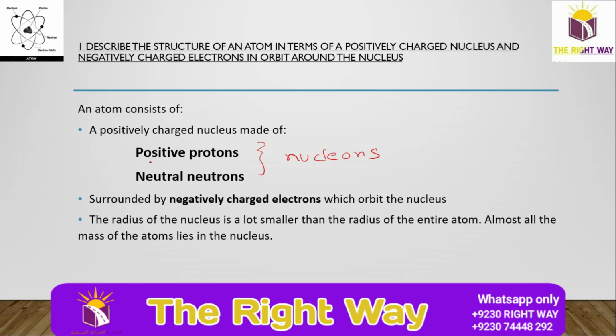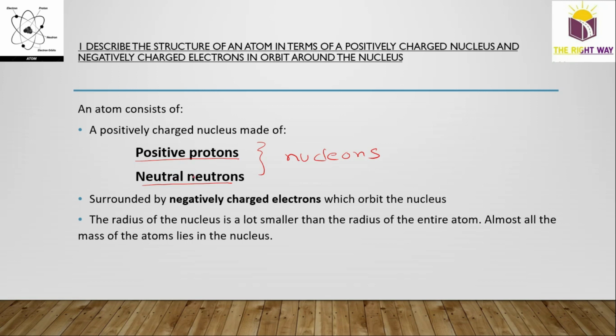The proton contains positive charge. The charge on the proton is positive and the charge on the neutron is neutral. It means neutrons cannot be affected by any electric field. That's why these are called neutral particles.